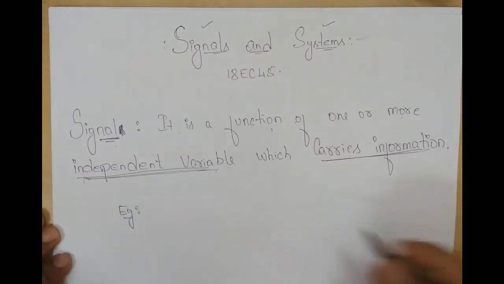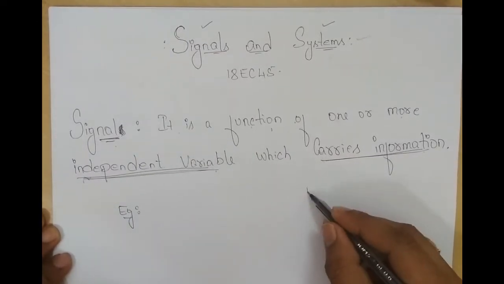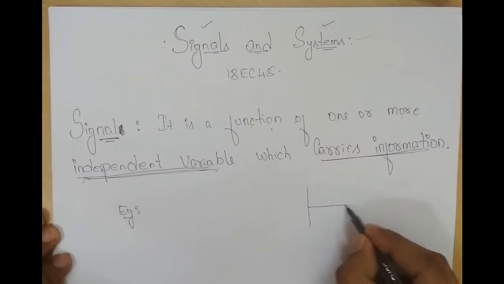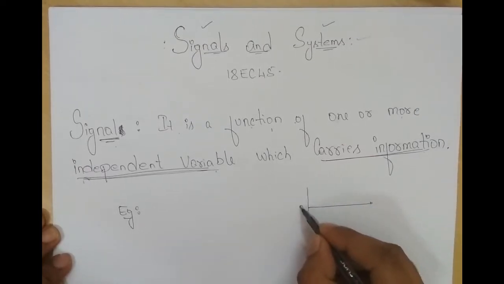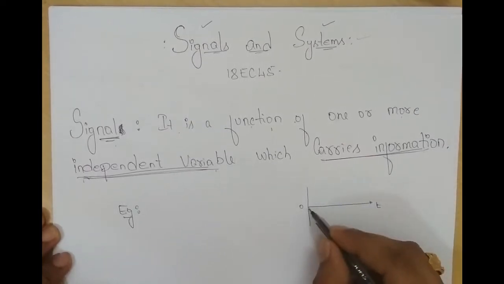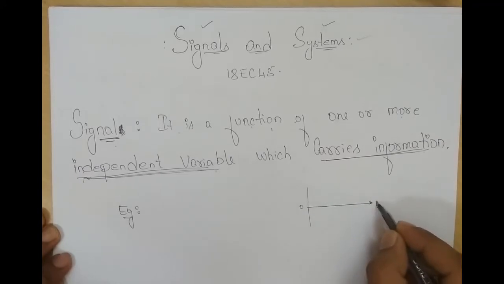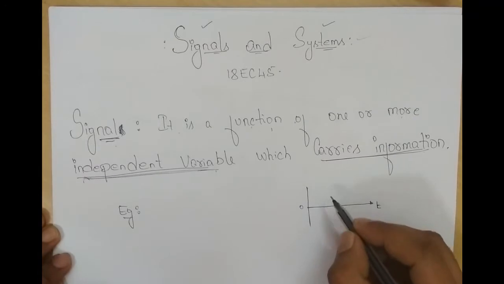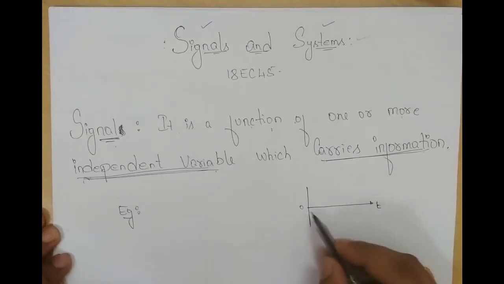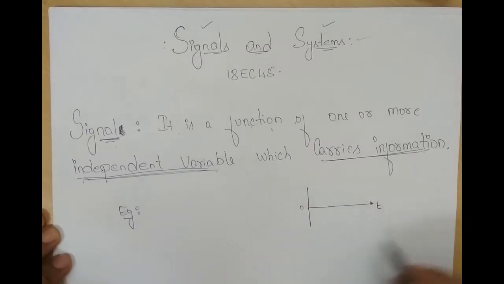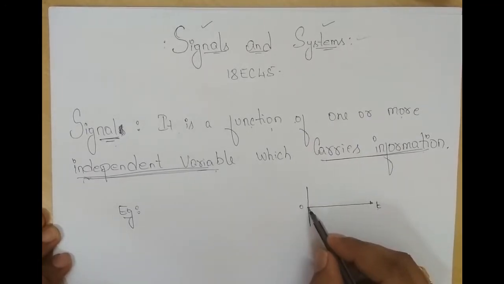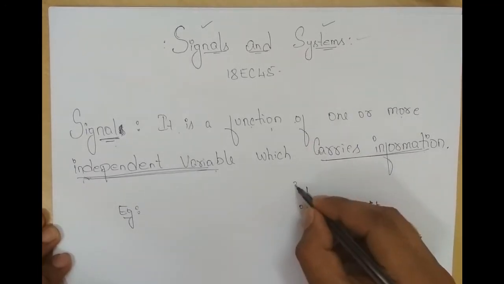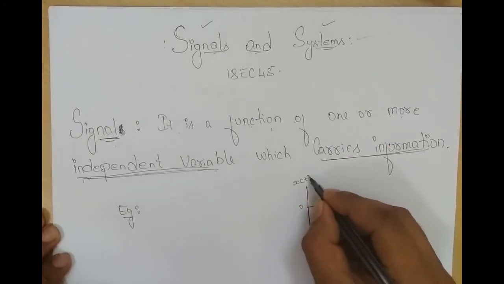Let me tell you. If I consider a signal, a sine wave, what is there on the x-axis? The x-axis is time, and what is the y-axis? The y-axis is amplitude, and it is dependent upon time, right? So the amplitude of this sine wave changes with respect to time. So it is x of t.